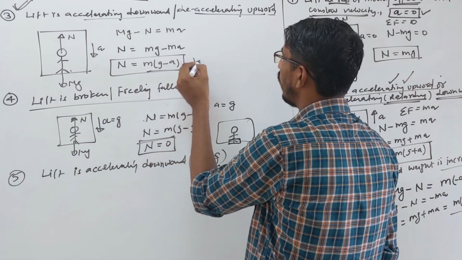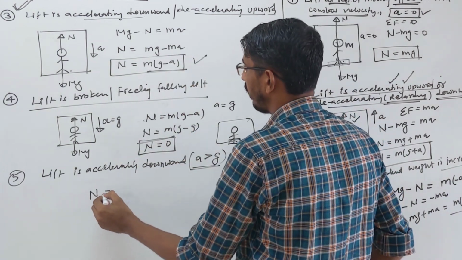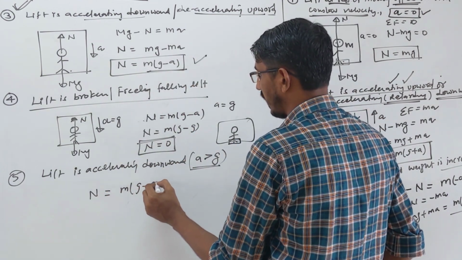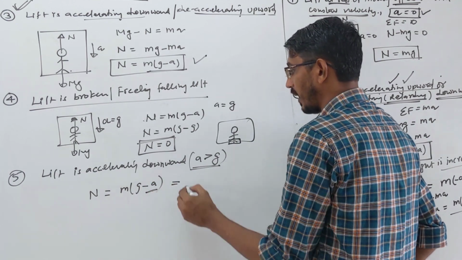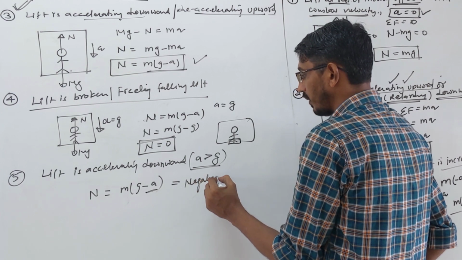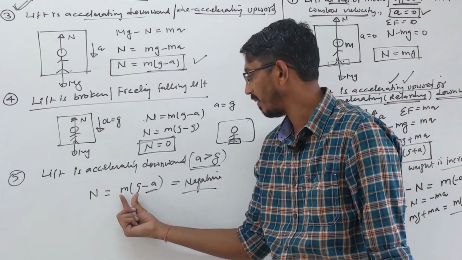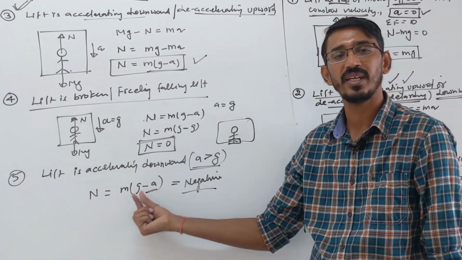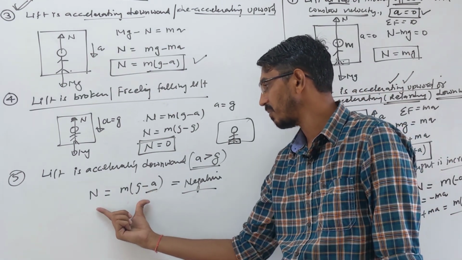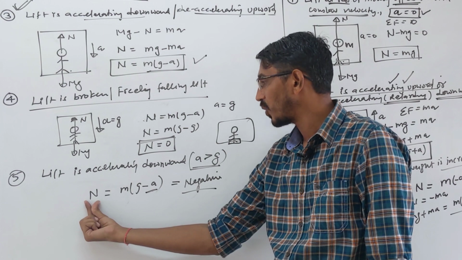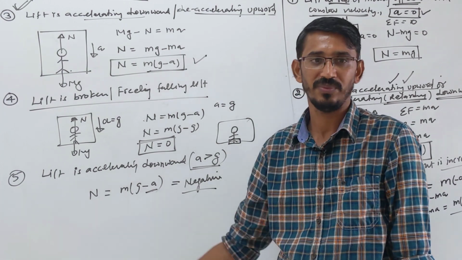In that case, if you watch this formula carefully, N will be m(g minus a). If a is big, this term becomes negative, right? I am saying a is bigger than g. The acceleration of the lift is more than acceleration due to gravity, and this term becomes negative, which means your normal reaction will be negative.